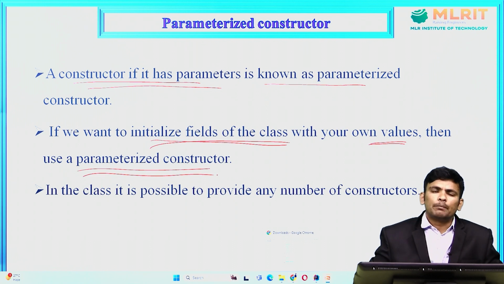Suppose in your class you have instance variables and you want to initialize them; the best recommended practice is to use a constructor. Inside a constructor you initialize the instance variables, so you need to use the parameterized constructor.